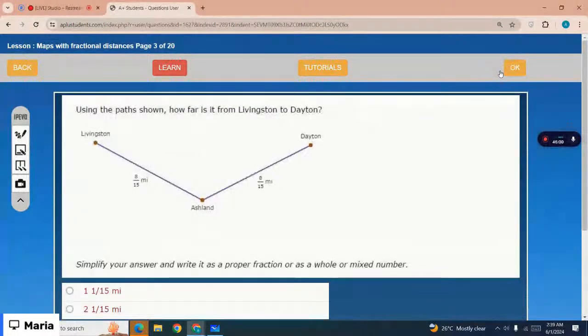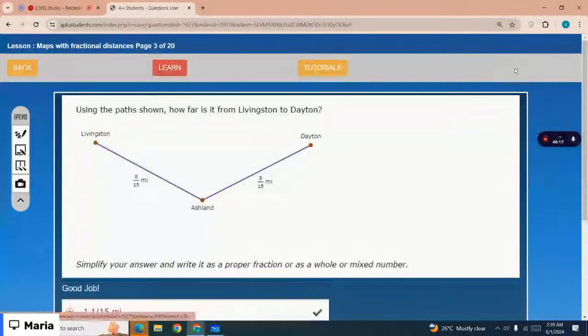So you need to add both the distances, right? That would be 8 plus 8 is 16 over 15. So when you divide by 15, that is 1 over 15 is the correct answer.